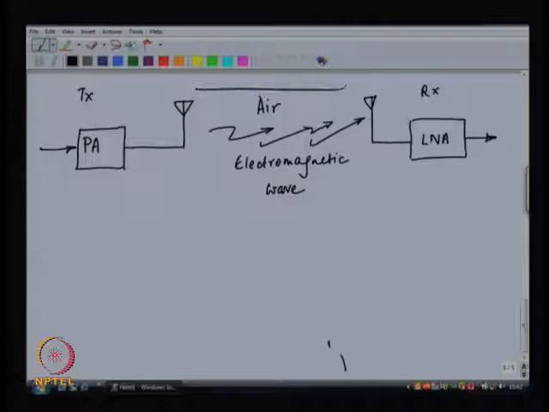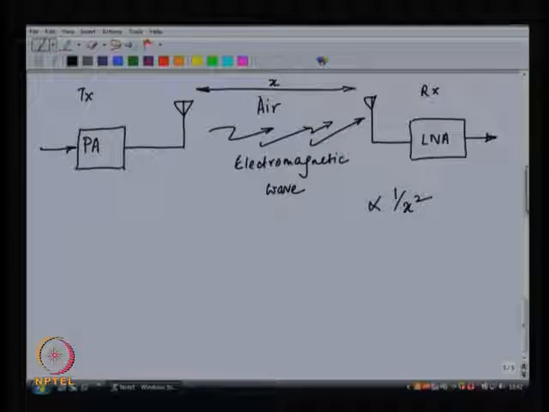It is actually much more drastic than that. So, if the distance between them is x, then the power received on the receive antenna is theoretically proportional to 1 by x squared. This is not really true. In practical situations, it is actually much worse than 1 by x squared.